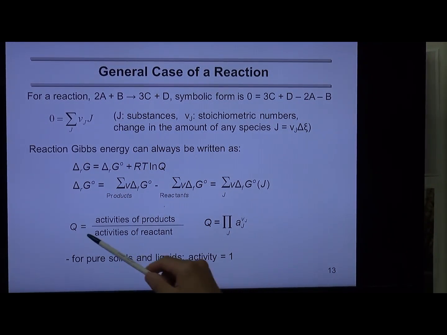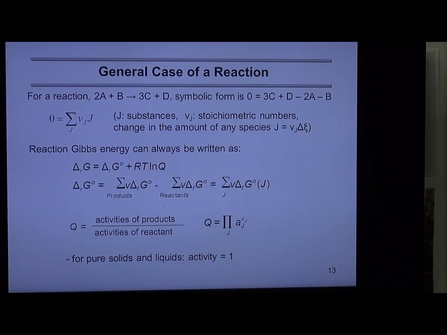Okay, and Q, as you have seen, is the reaction quotient, which has the form of a multiplication of activities of products divided by activities of reactants. For example, for a gas, the activity can be represented as partial pressure, so to calculate Q for a gas, you can use partial pressure.